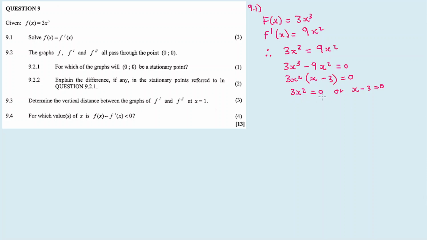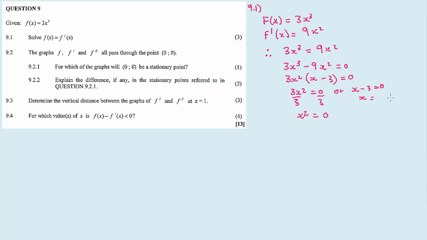So for this one, 3x squared is equal to 0. Dividing by 3 on both sides, I get 0 on the right, because 0 divided by 3 is 0, and then x squared is equal to 0. From x minus 3 equal to 0, it's going to be x equal to 3.